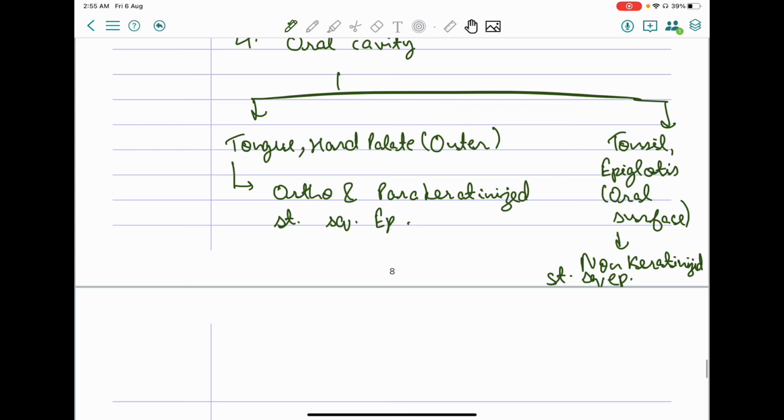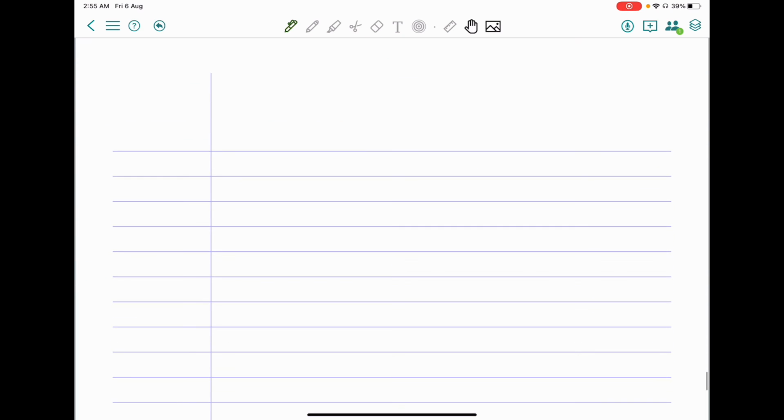Now again, what is the difference between keratinized and parakeratinized?